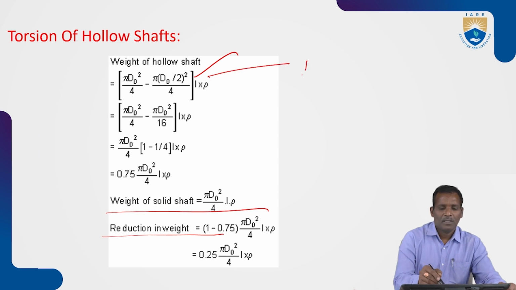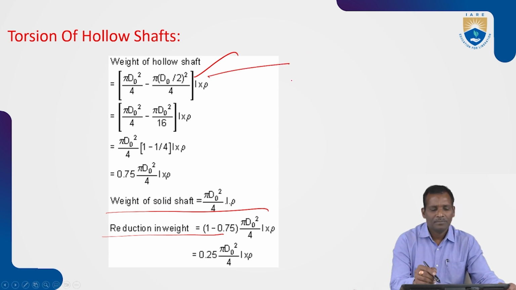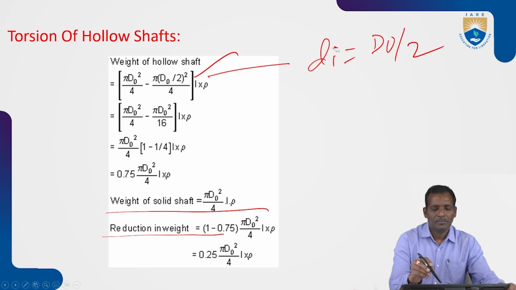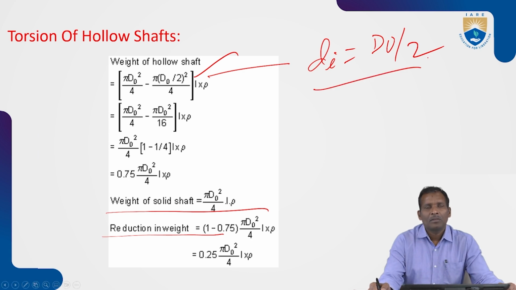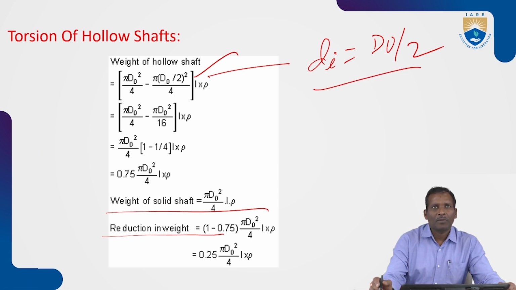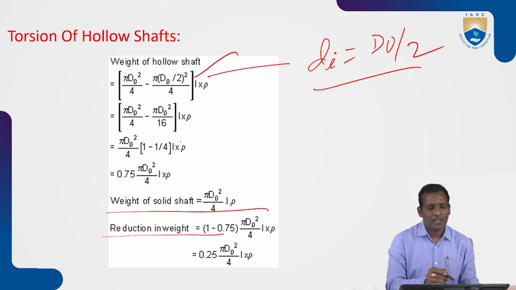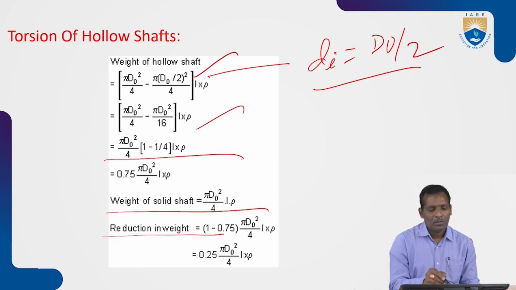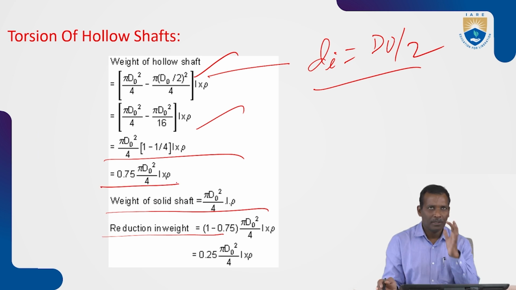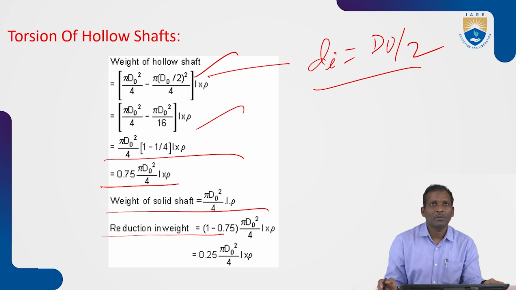Because this is di, di is equal to d naught by 2. So pi d naught square by 4 minus pi d naught square by 16, into rho. Now finally you will get 0.75 pi d naught square by 4 into L into rho.